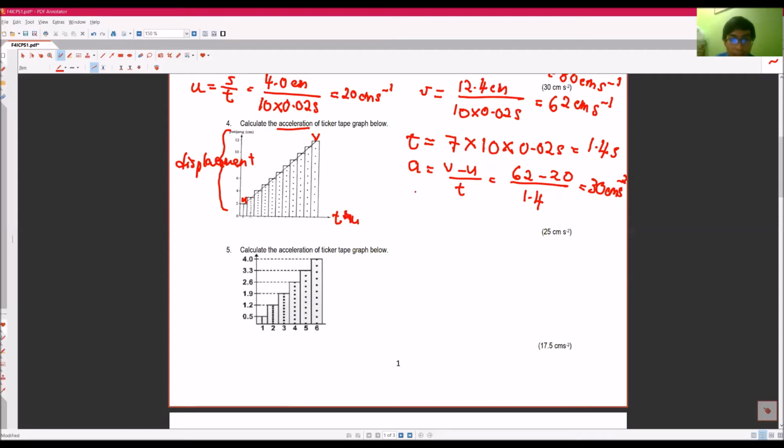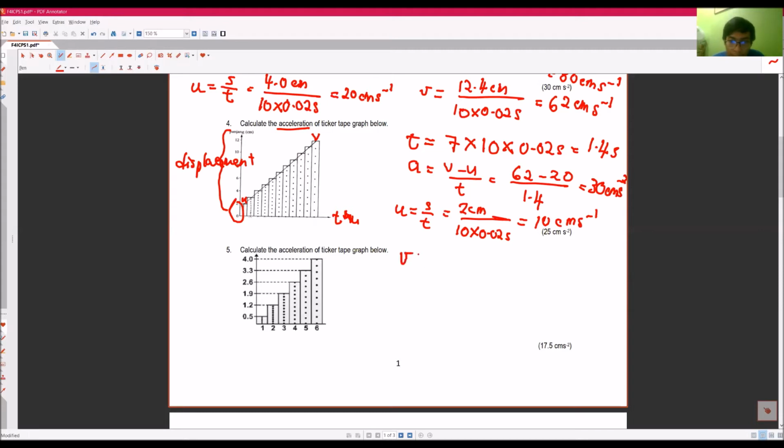Okay, so let's find out the u. u equals s over t. The s for u is 2 cm, and then we have 10 dots. Each dot has 0.02 second. Plug that into the calculator, we got 10 cm s^-1.